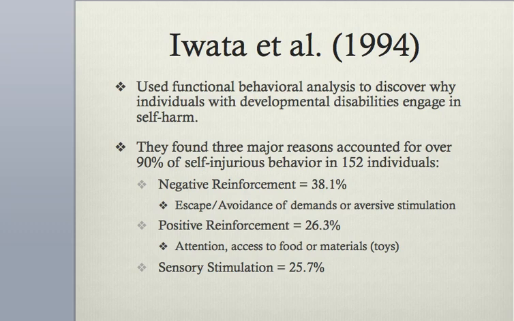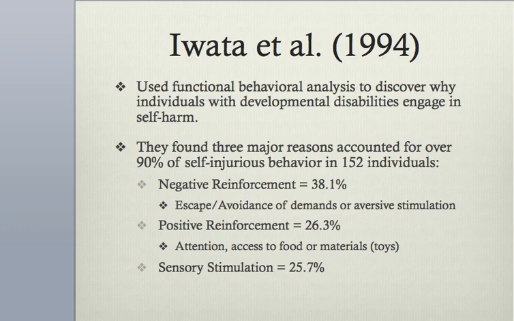In 1994, Brian Iwata from the University of Florida and some of his colleagues conducted a functional behavior analysis to discover why individuals with developmental disabilities engage in self-harm, or what's called self-injurious behavior. They studied them and looked at them. They even manipulated some variables in the environment to see whether or not they were right.